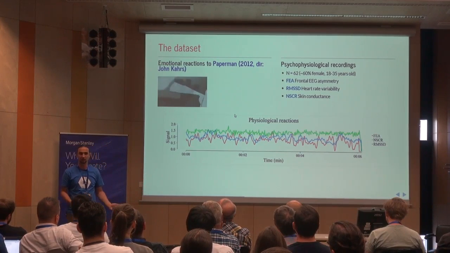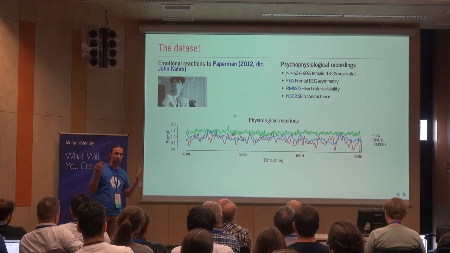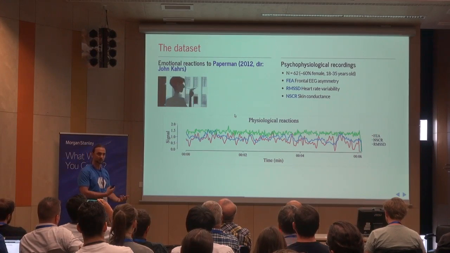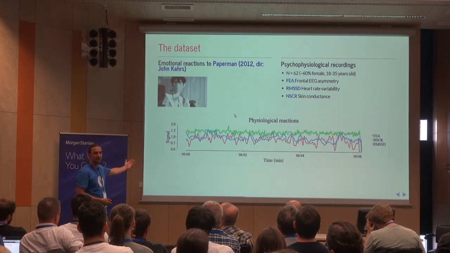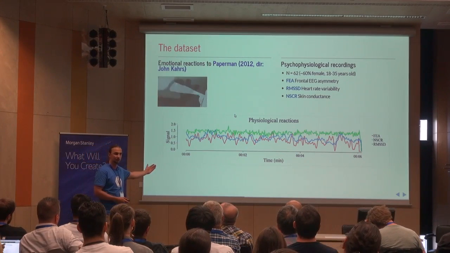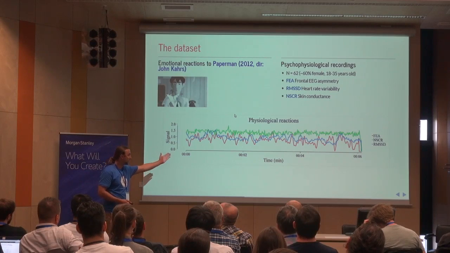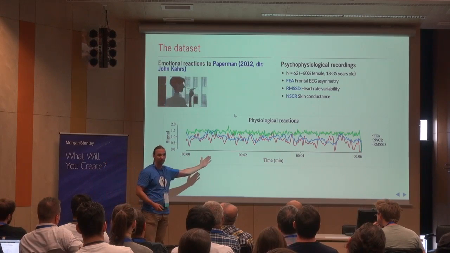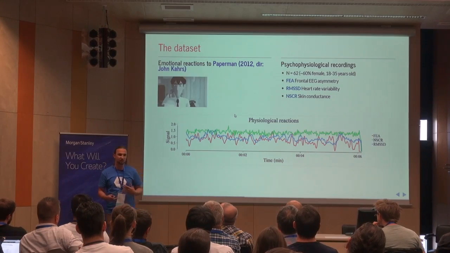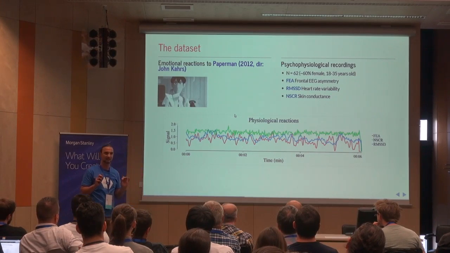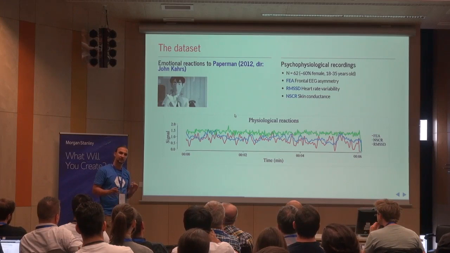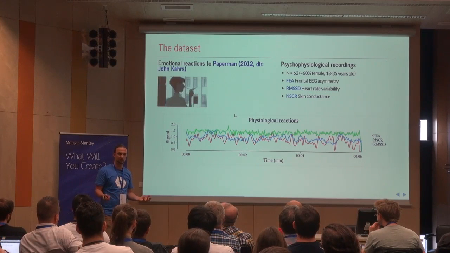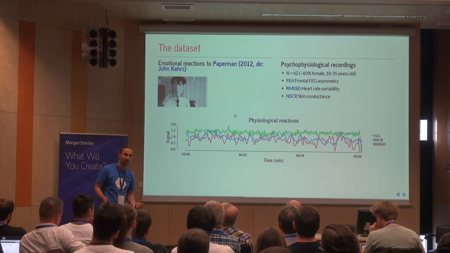These are certain physiological correlates of EEG and skin response and heart rate. And as you can see, it may not make more sense to you than to me. The physiological reactions, time series-wise, don't show a very good pattern. So based on just looking at these lines, you may not know what the emotional states of the viewers were.